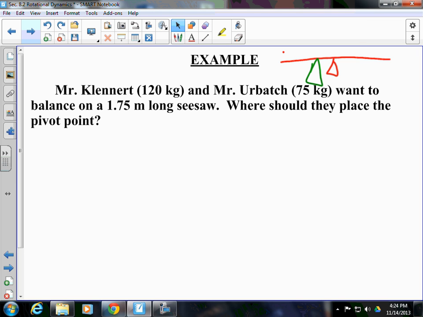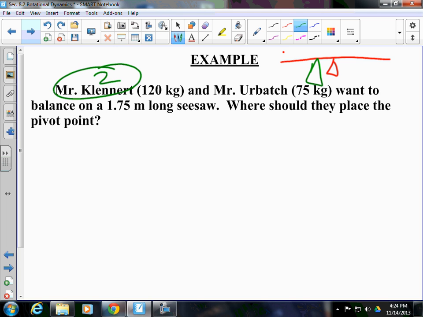Let's go through and analyze everything we have before we start. Mr. Kleinert's 120 kilograms. For this example, Mr. Kleinert is going to be person 2. Mr. Urbach is going to be person 1. Remember, force of gravity is going to be the weight times 9.8.